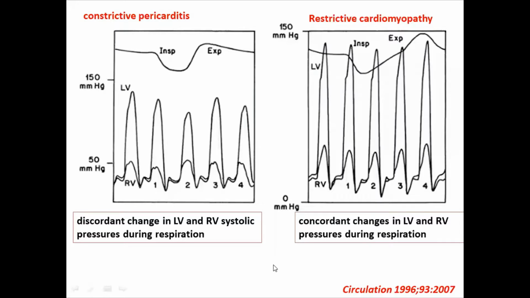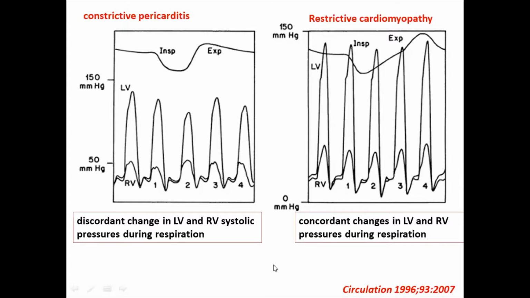When you have inspiration, because of negative intrathoracic pressure, the pressure in the right side of the heart will increase. So there is increase in the RV pressure with inspiration.